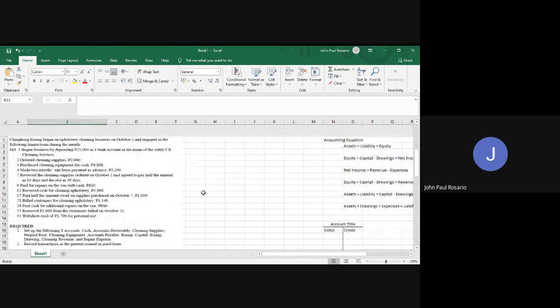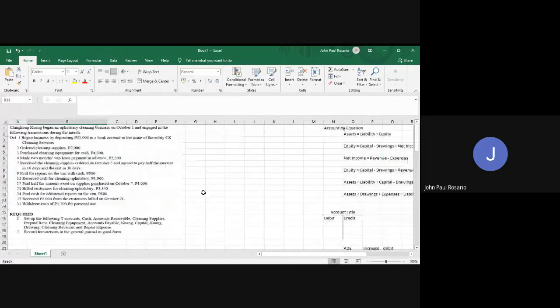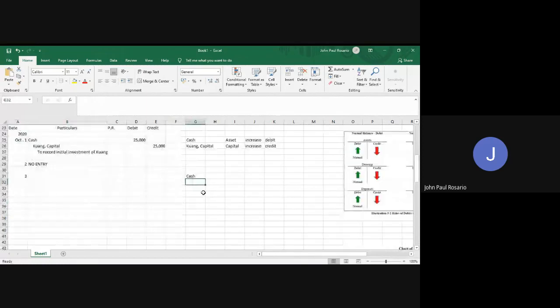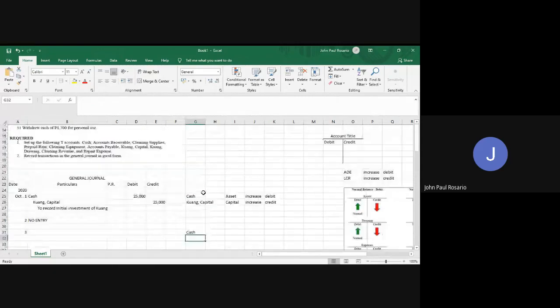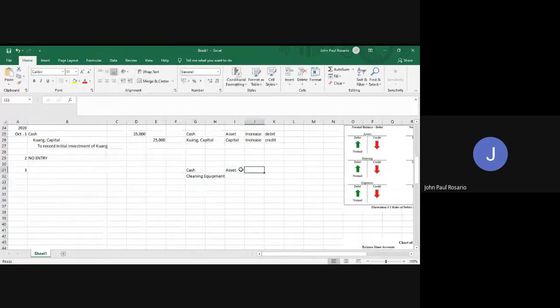October 3: purchased cleaning equipment using cash. So the affected accounts are cash and cleaning equipment. Cash is an asset and it decreased, since he bought equipment with cash. Decrease in asset is credit.